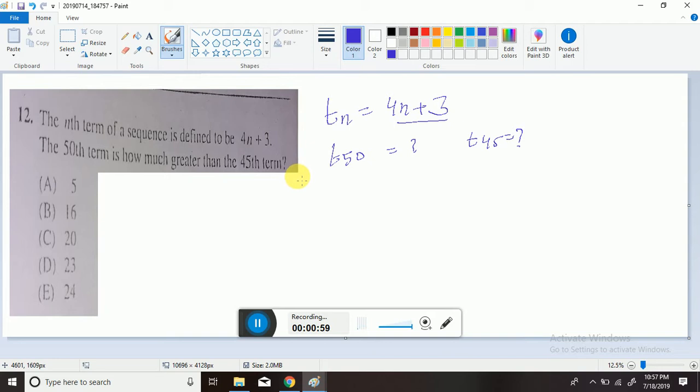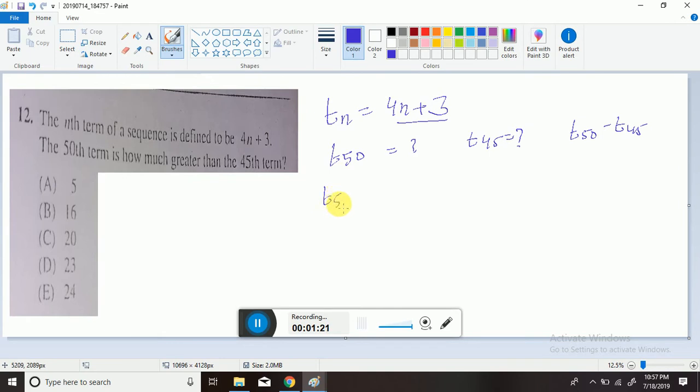We have to find the difference, how much bigger the 50th term is than the 45th term. So we will calculate T50 and T45, and finally we will find T50 minus T45. Let us solve it.